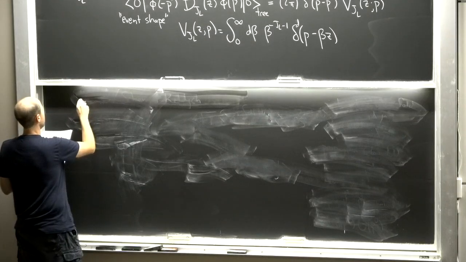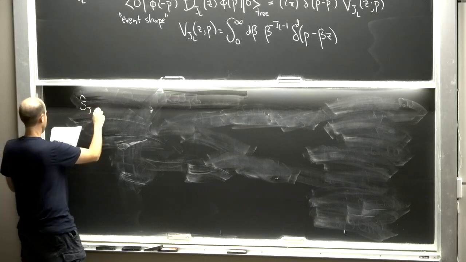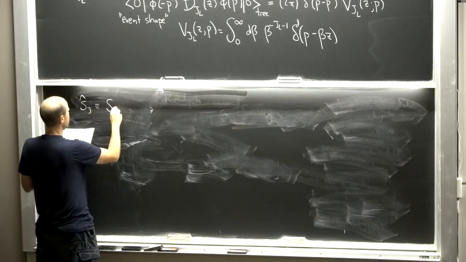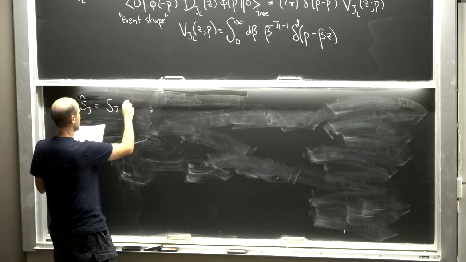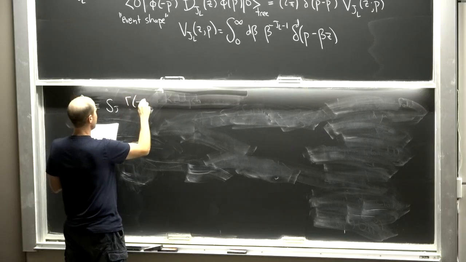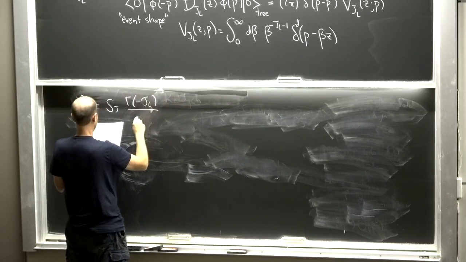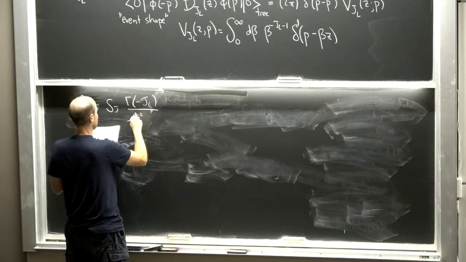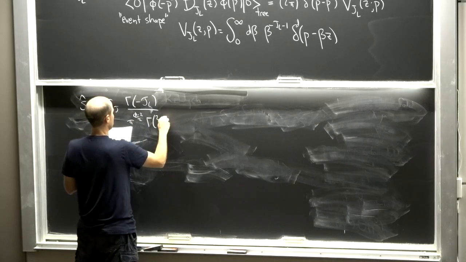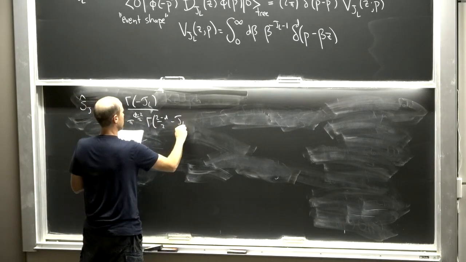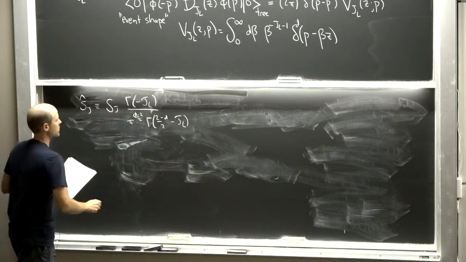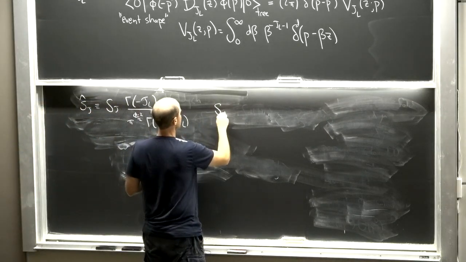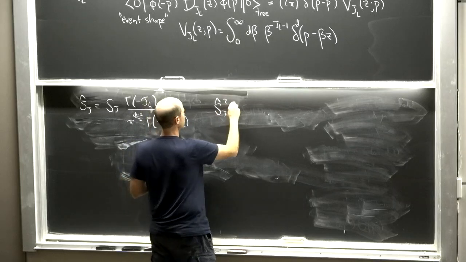So I'm going to define S hat j as the thing S_j that I defined a couple lectures ago, or last lecture, times some gamma functions, which ensure that it squares to 1. So now this has the nice property that S_j hat squared is 1.